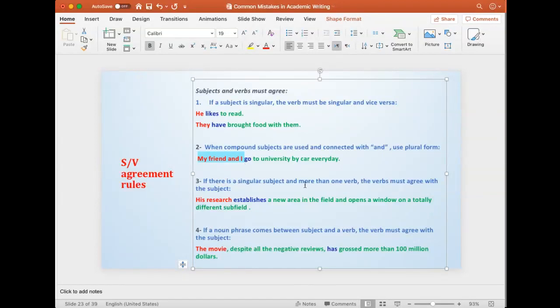If there is a singular subject and more than one verb, the verbs must agree with the subject. So his research, this is my subject. So all subjects are highlighted in red color, and the verbs are in blue. Establishes a new area in the field and opens a window on a totally different subfield. This is another verb. Okay.